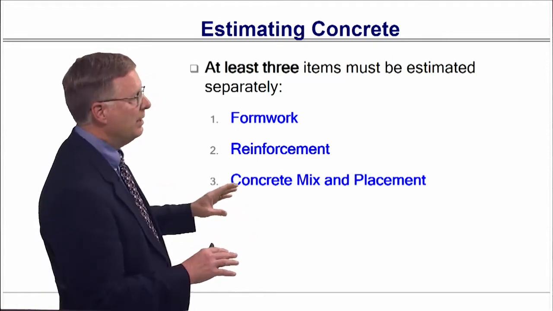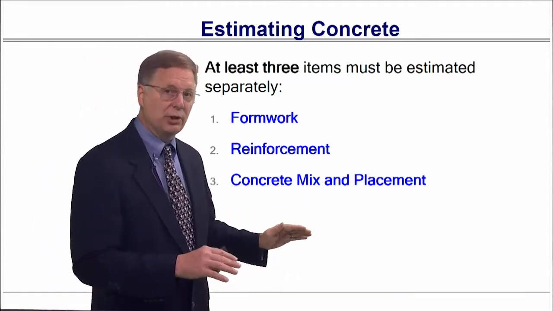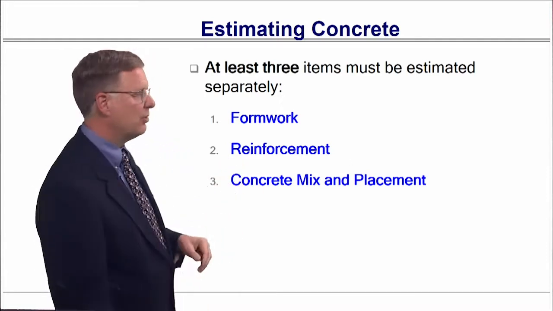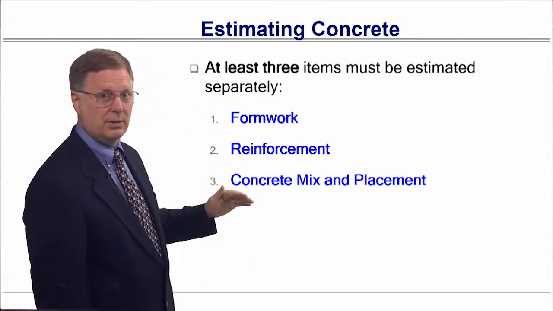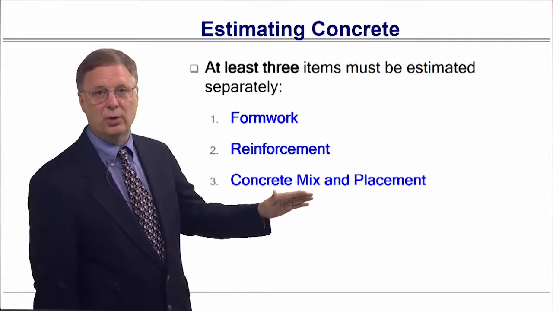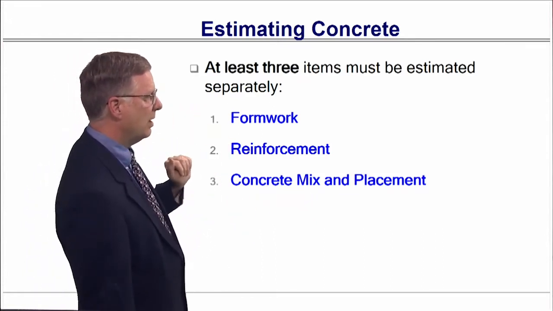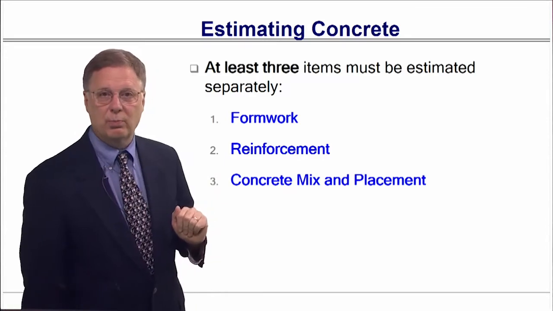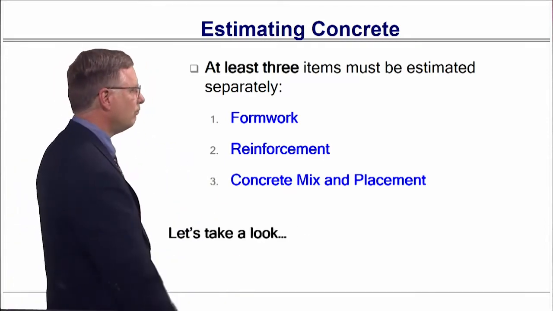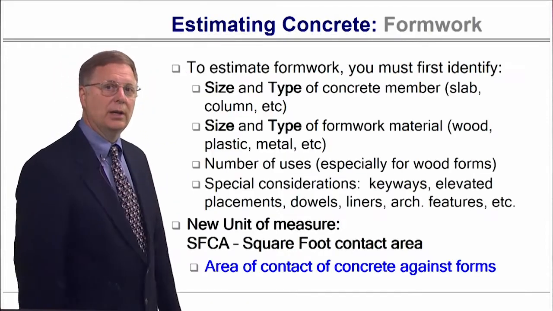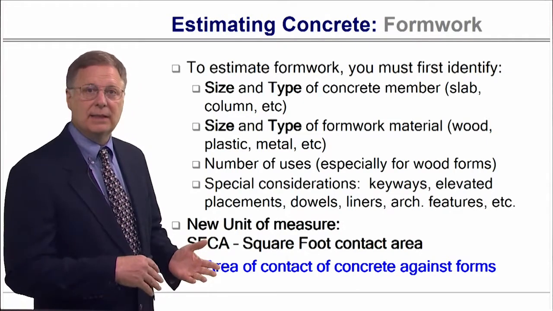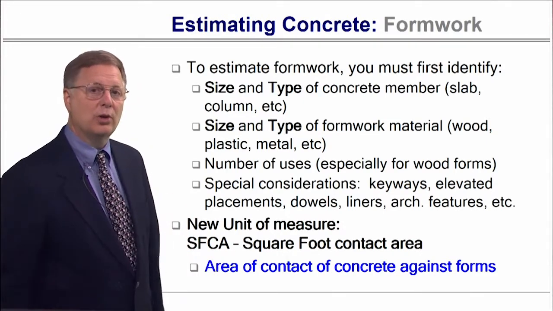And so it may make sense to break those out. You can do that, but I'm just going to demonstrate it with the 3 steps, okay? Because RS Means will let you do it either way. So we're going to price the formwork, we're going to price the reinforcement, and then we're going to price the placement.